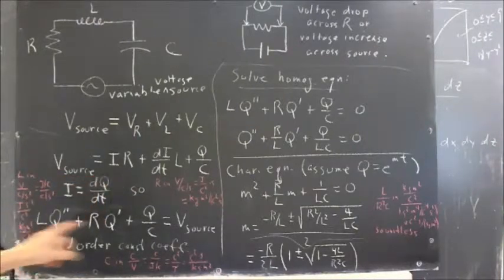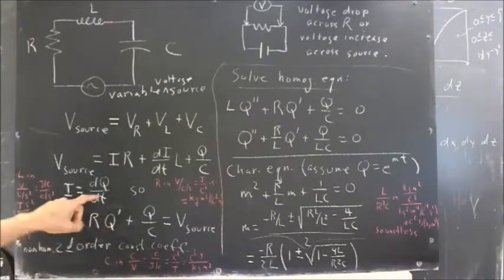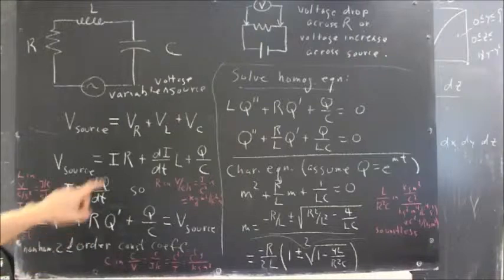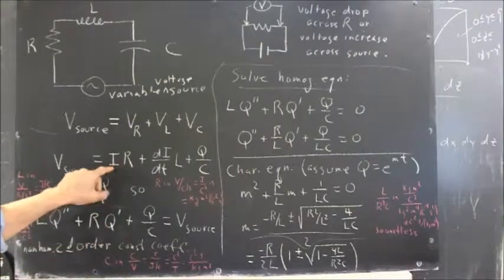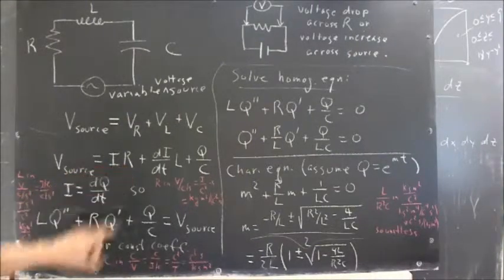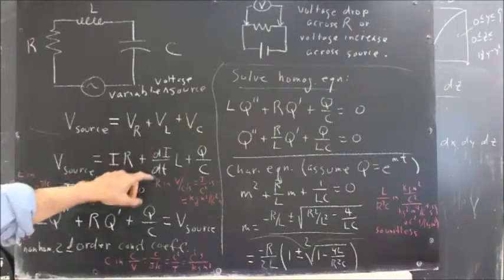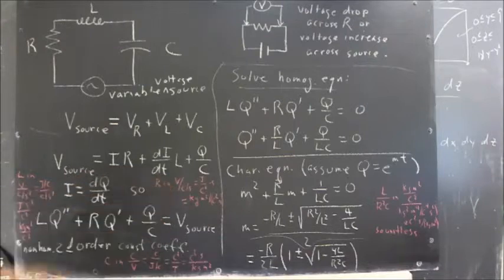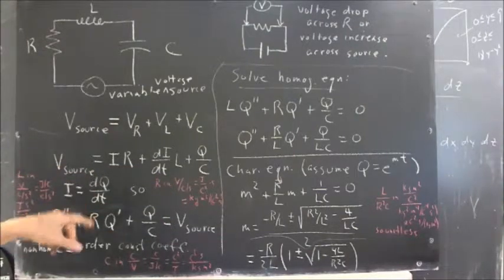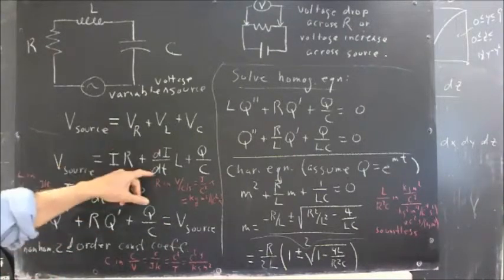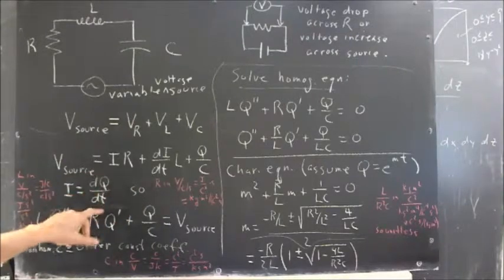Q prime. I'm going to switch to primes just for compactness of notation, so that IR becomes (dQ/dt) times R, which is R times Q prime. dI/dt is the derivative of I with respect to t. I is dQ/dt, so that dI/dt is the second derivative of Q with respect to t.